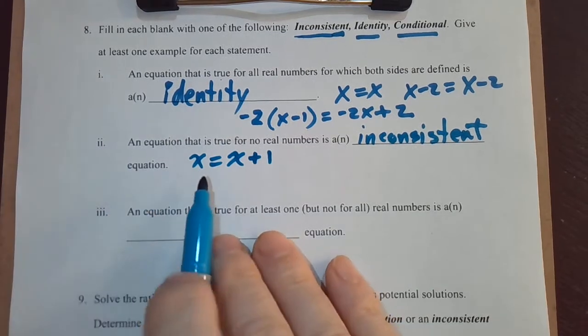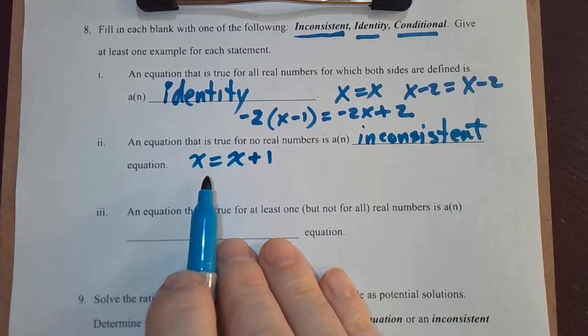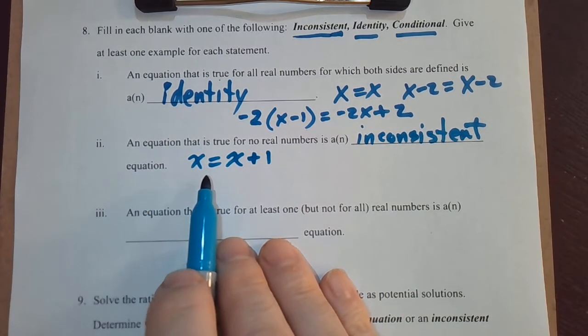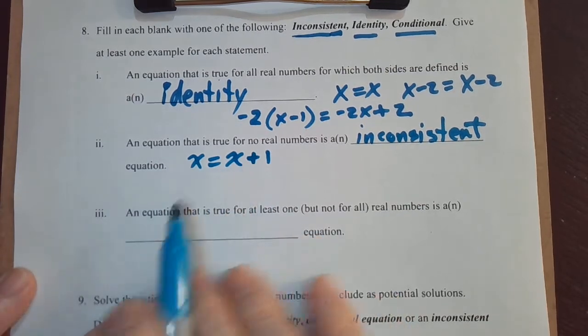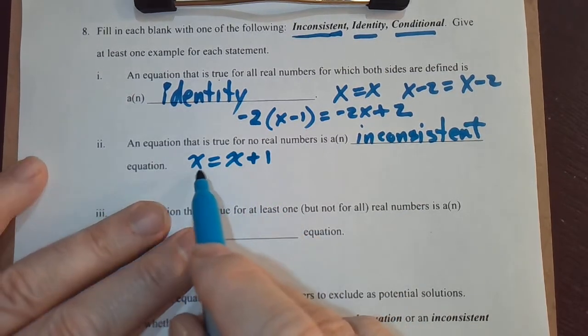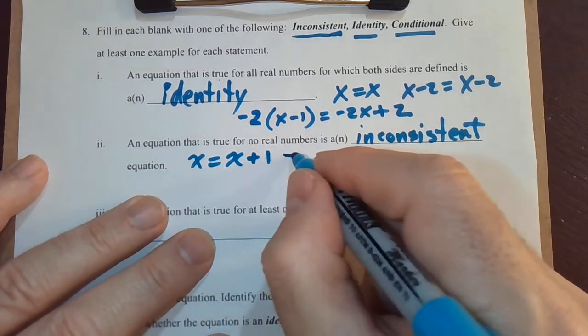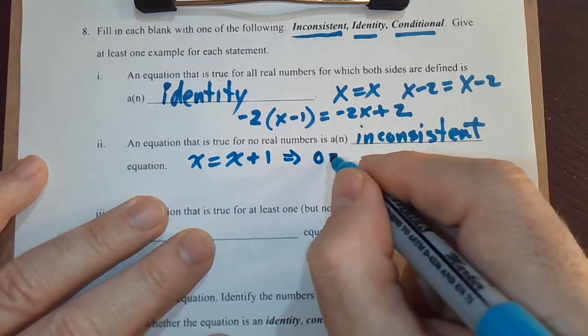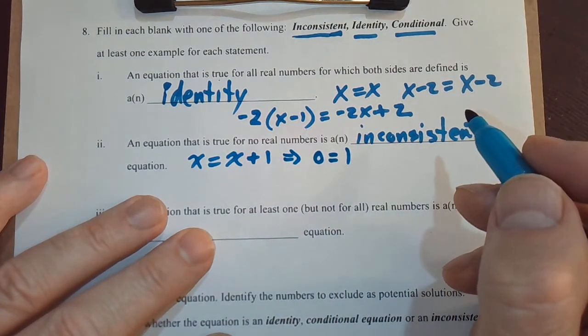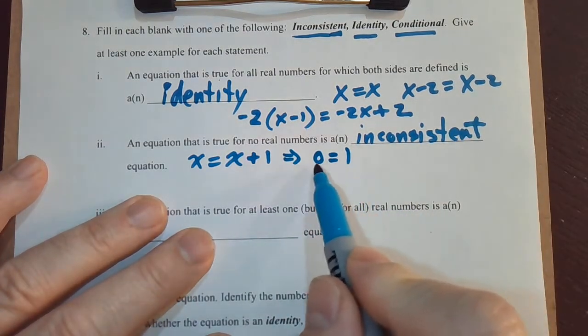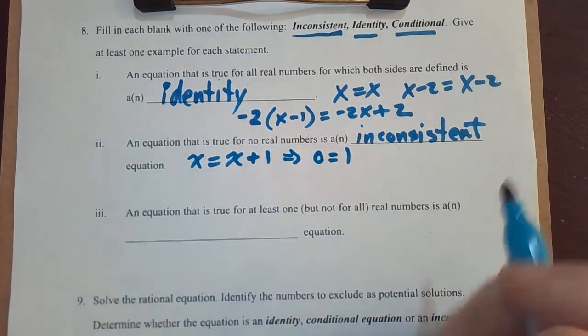Do you think there's any number you could replace x with that would give you a true statement? Of course not. No number is equal to one more than itself. As a matter of fact, you could subtract x from both sides and you would end up with 0 equals 1, which is clearly false. And actually, this is an inconsistent equation as well. It's always false.